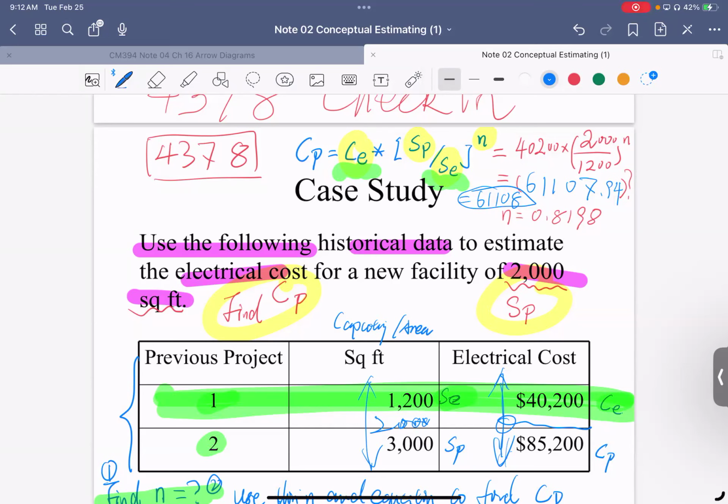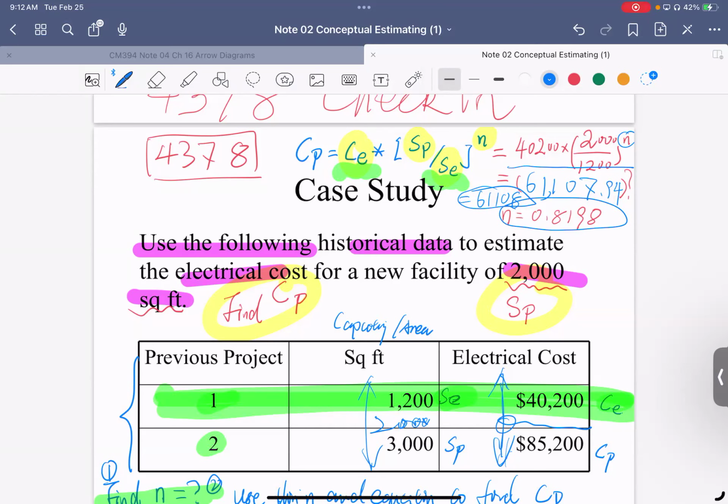Josh, question? Yes. 161107 and round up to 161108. You get it? Put in here. And this n is here.